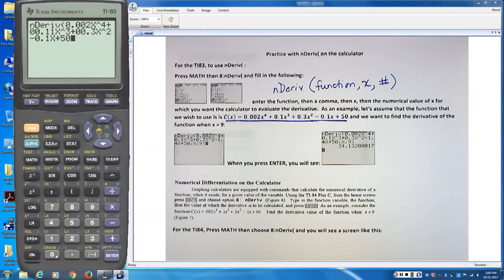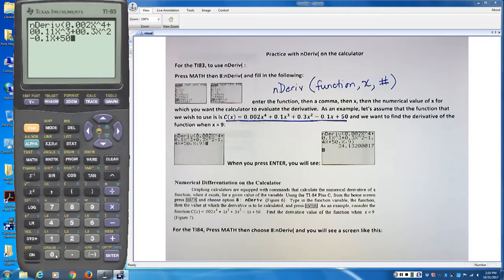So there is your entire derivative formula. Since there was nothing in here, like fractions or exponents, that needed to be in parentheses, I didn't have to use any parentheses, but sometimes you will. So just be aware of that.